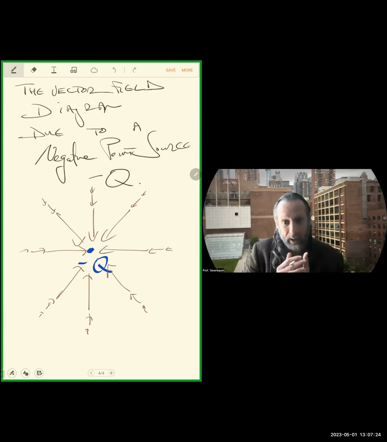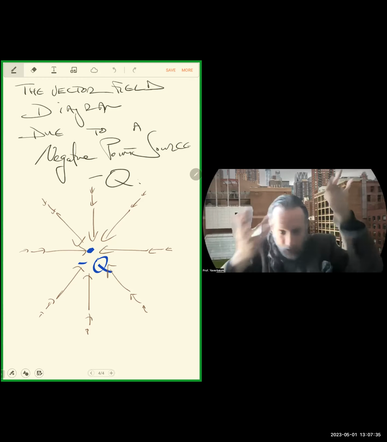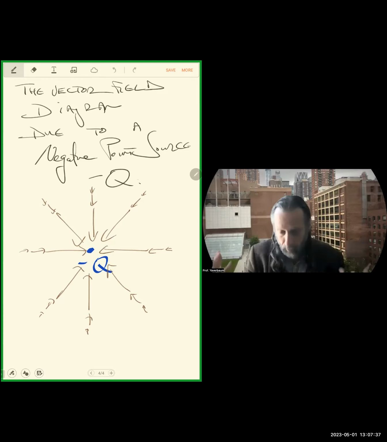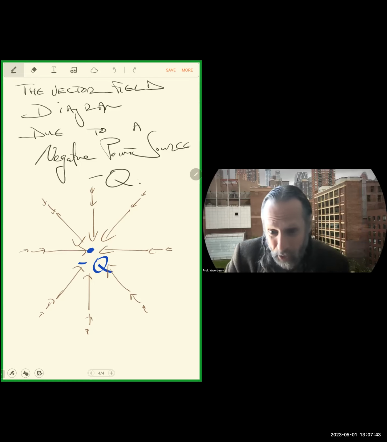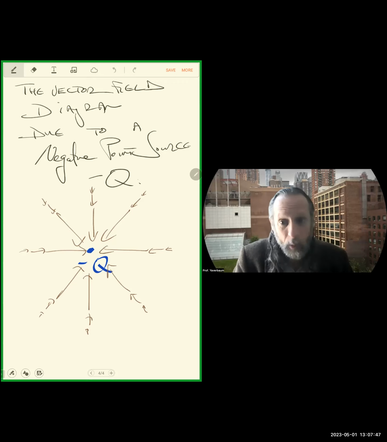And ultimately, what we're really interested in is the fields caused by actual real objects, real shapes, real, say, atoms and molecules with lots and lots of protons and electrons distributed in all kinds of arrangements. So if the diagram that we would have to draw or picture in our mind just from one dot is this elaborate, we're going to get into real trouble once things get any more realistic.